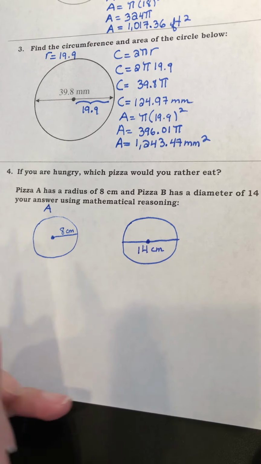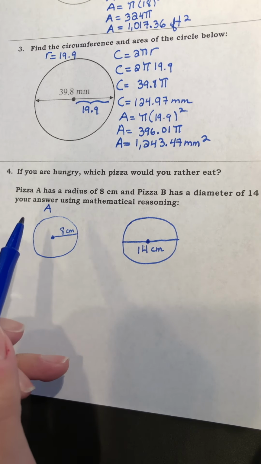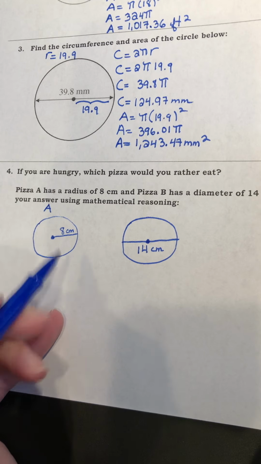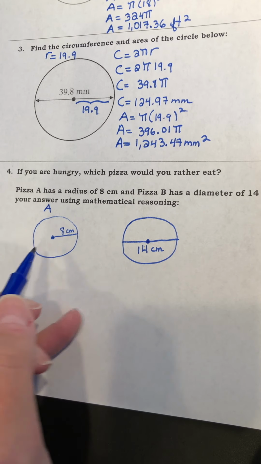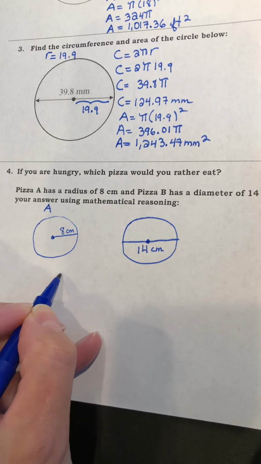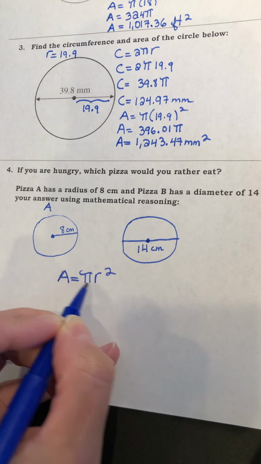Okay, so in order to figure this out, you want to calculate area. Area is the space inside the pizza. It represents how much pizza you can actually eat. So if you think about it, if I know the formula for area is pi r squared, I'm interested in the radius.